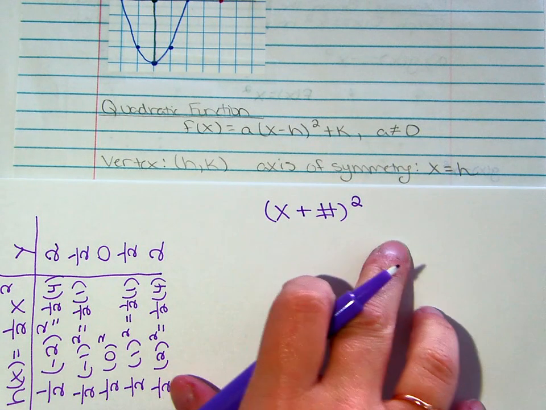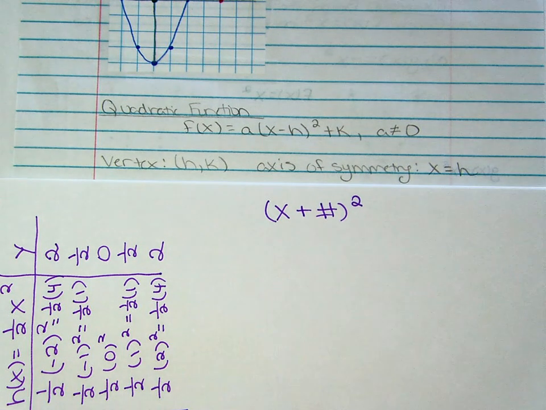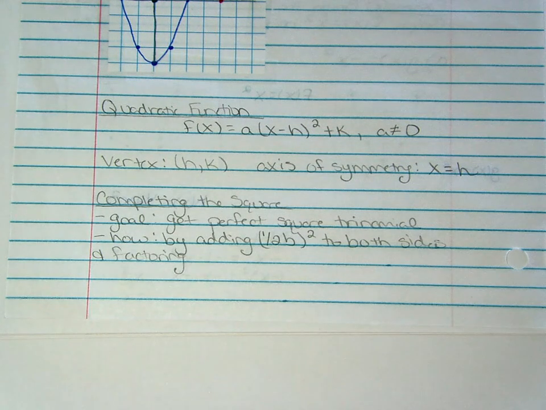So how are we going to do that? We're going to do that by adding 1/2 b squared to both sides and factoring. That doesn't have to make any sense to you just yet. We're going to do an example, and it's going to make more sense. A lot of times with math, you're given the information, but then actually seeing it played out is how you're going to learn to utilize it.